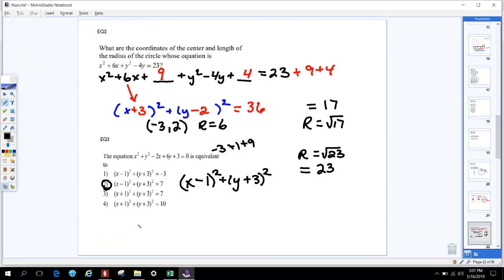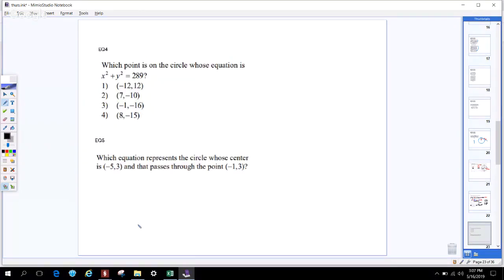Okay. Next, which point is on the circle? Here's the easiest way to do this problem. Because they give you an equation, dude, just substitute. That's all you got to do. So what you're going to do is say, okay, well, is -12 squared plus 12 squared, what does that equal? Well, that's 144 plus 144, which is 288.